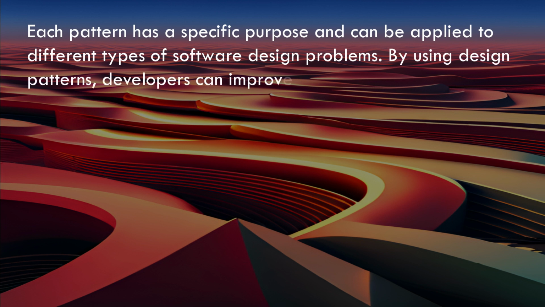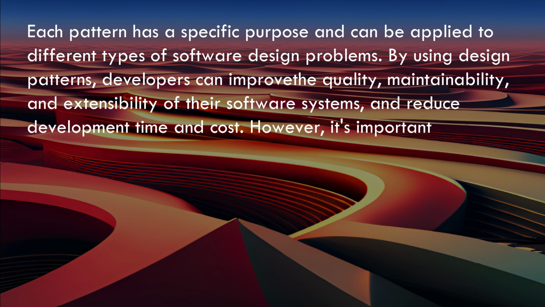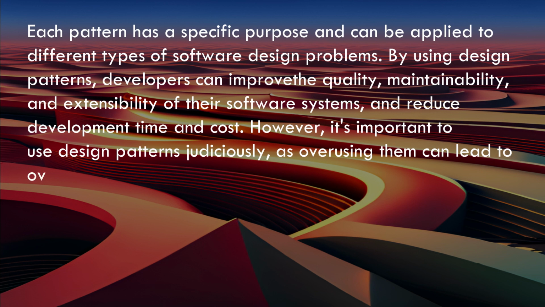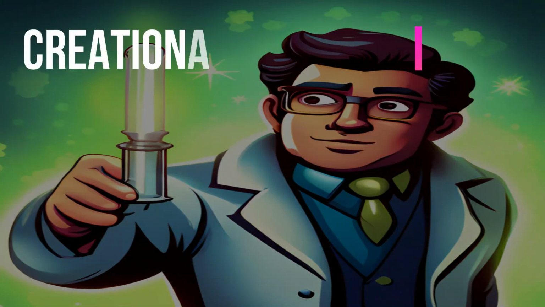By using design patterns, developers can improve the quality, maintainability, and extensibility of their software systems, and reduce development time and cost. However, it's important to use design patterns judiciously, as overusing them can lead to overly complex and difficult to maintain code.